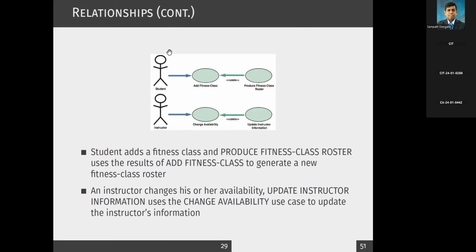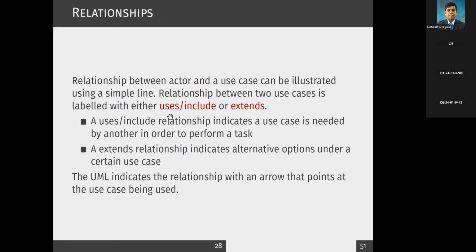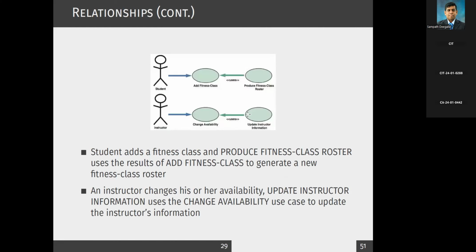For example, now you can notice here we have the relationships. Remember, we said we have two relationships here: uses and extends. Here we have a uses example, and you can see this is the use case, and then this is the student, and the arrow indicates the relationship. The student uses this use case diagram, add fitness class.